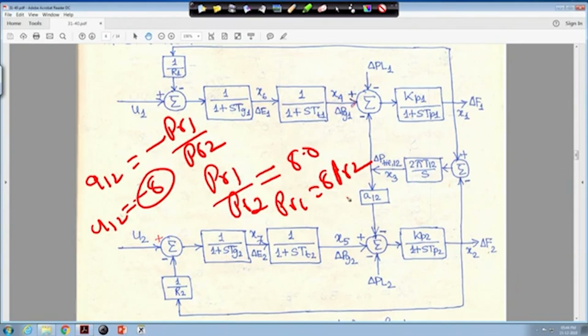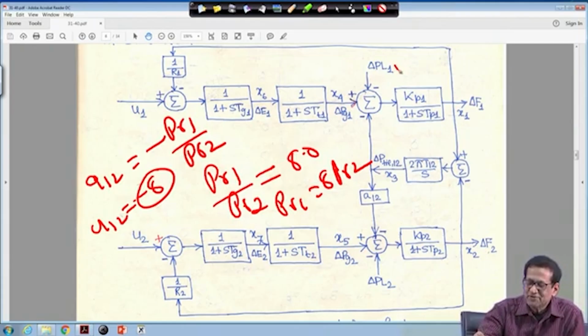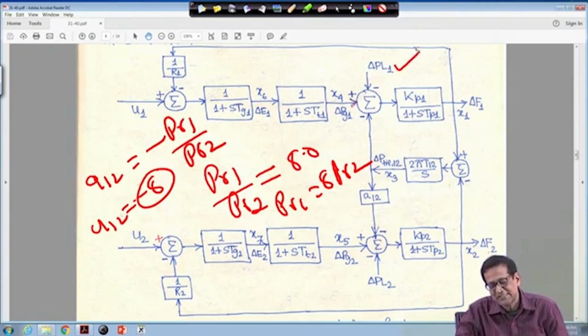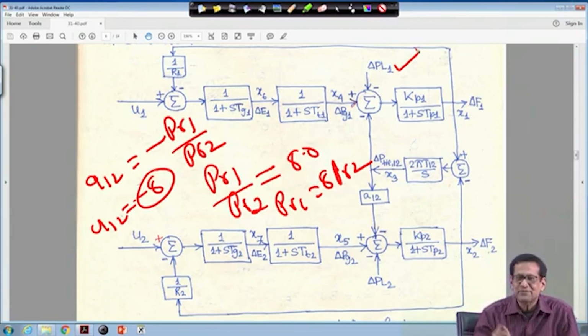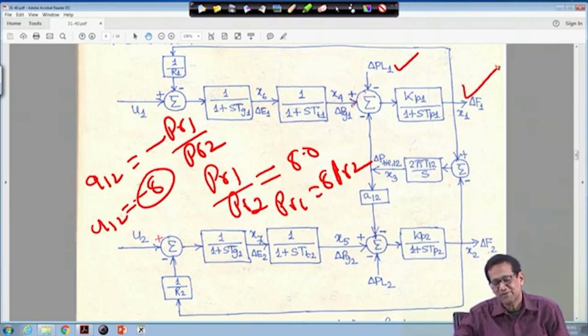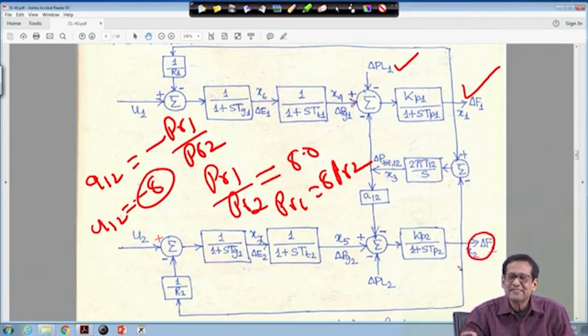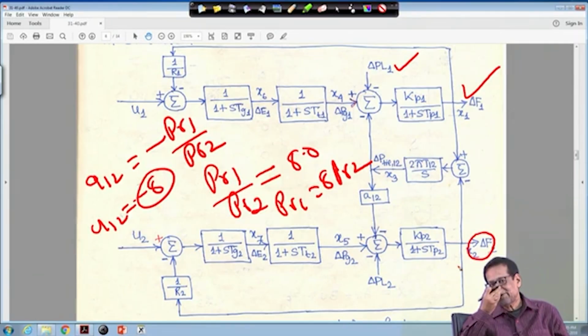As we go on increasing the area capacity ratio and give a step load disturbance here, through the simulation you will find there is a deviation in frequency in area 1. But as this ratio keeps increasing, you will find that the deviation in the other area is very small compared to area 1, almost flat.